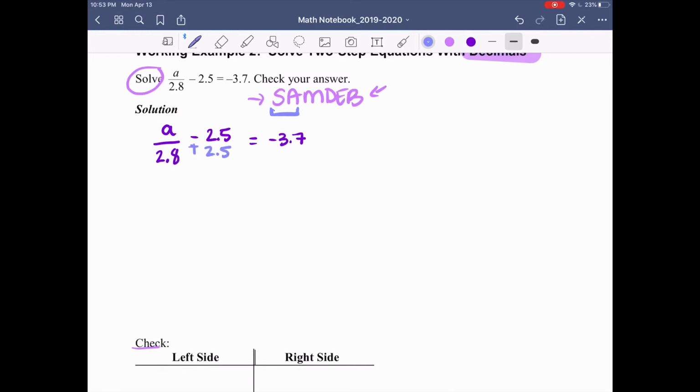And what you do to one side, you have to do to the other. And by side, I mean side of the equal. So these negative 2.5 and positive 2.5, they cancel each other out.